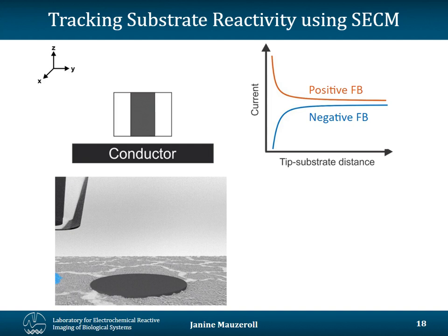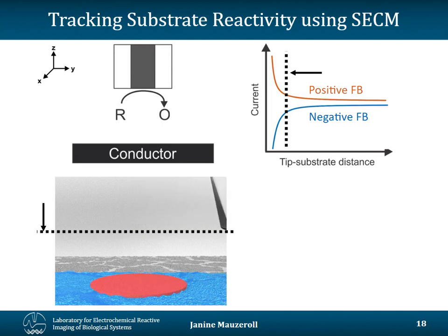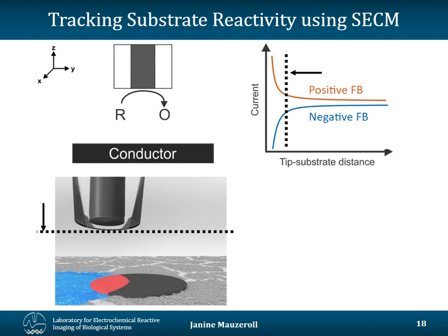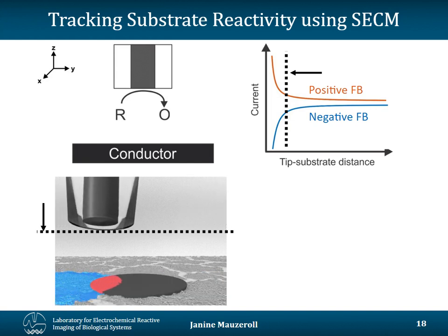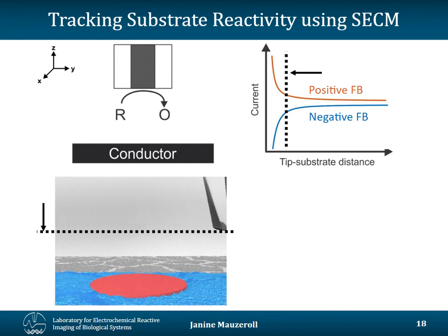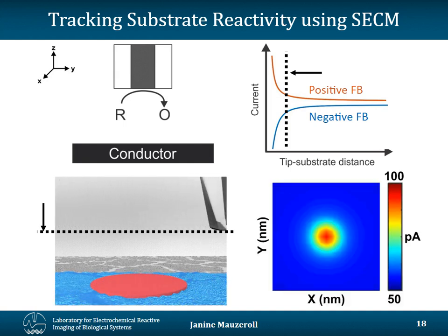Now, the imaging component of SECM comes in when you choose to select a certain tip to substrate distance, highlighted in the dashed line, and then raster that microelectrode across the XY plane of your substrate. And when you do this, it's possible for you to pick up contrast in terms of reactivity of the surface.